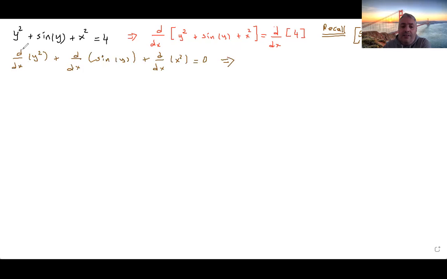And then derivative of y squared, chain rule, 2 times y to the power of 2 minus 1, d/dx of the base. What is the base? y. That's it. Plus sine of anything, sine of u derivative. What is that? u prime, which is y prime. Is it clear? Times cosine of y.